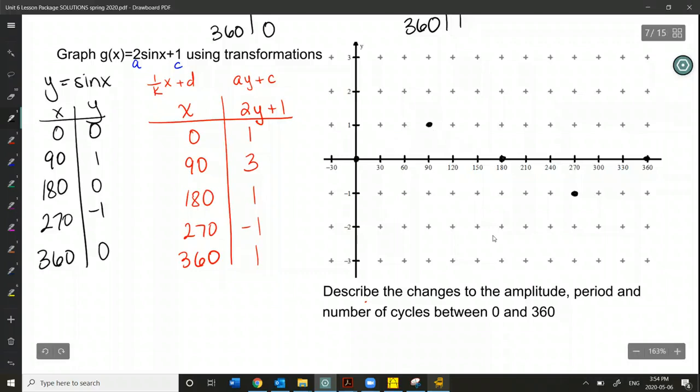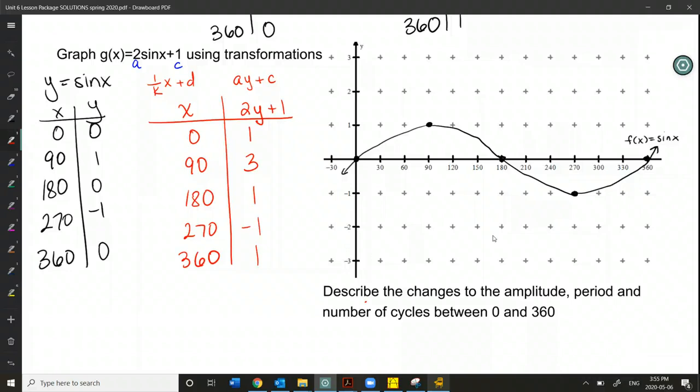We want to make sure that these have a nice smooth curve on them. So make sure that you're graphing these with the curve, like so. That part wasn't great. Do your best with it. So maybe we'll call this f of x equals sine x, or y equals sine x, doesn't matter.